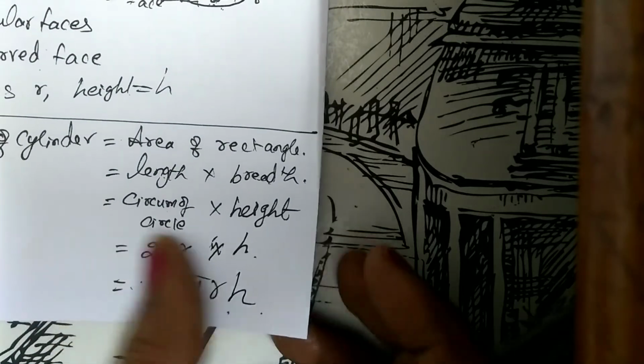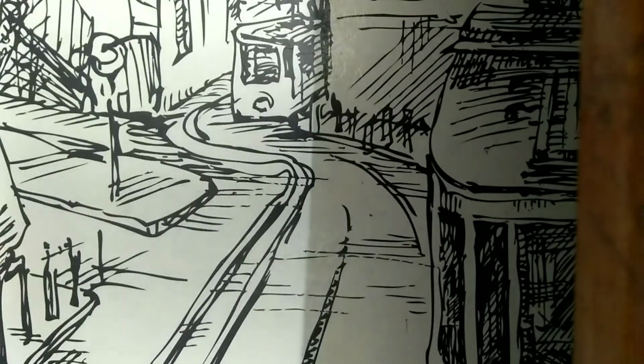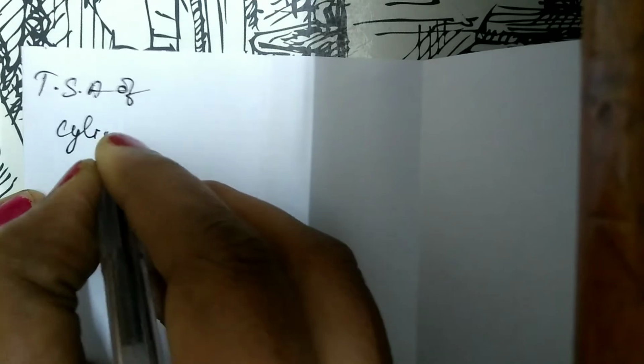Now we learn the total surface area of a cylinder. So what is the total surface area of a cylinder? Now again, I draw a cylinder for you.